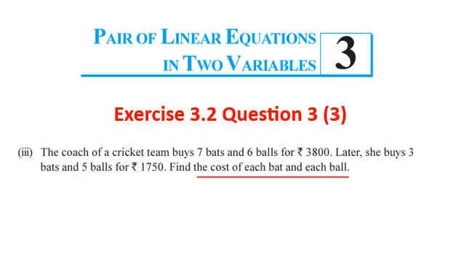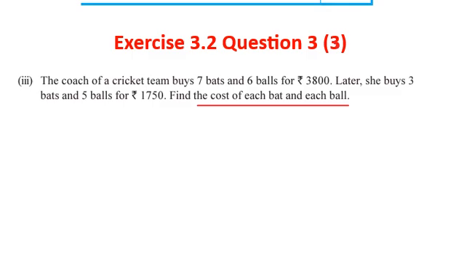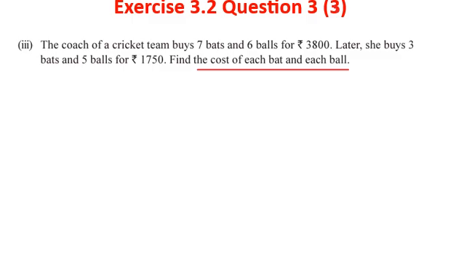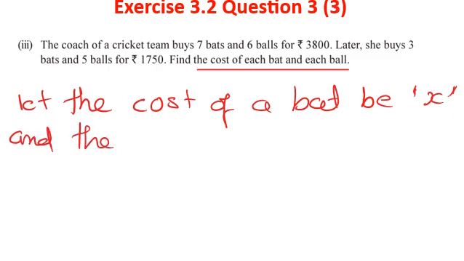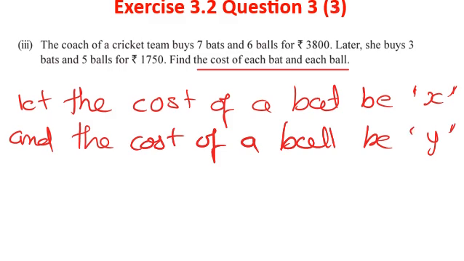Okay. Now see, we have to assume the cost of one bat. So we write, let the cost of a bat be X rupees and the cost of a ball be Y rupees.